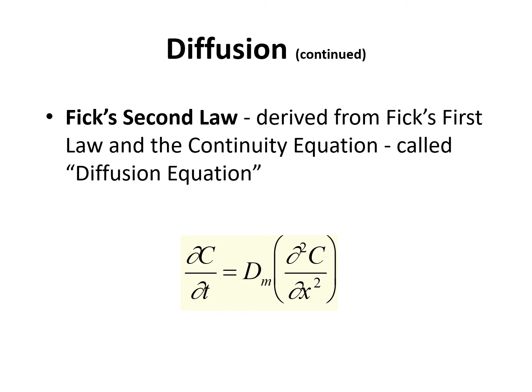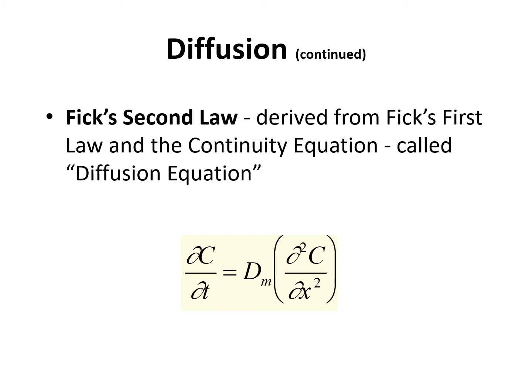Then we have another law, Fick's second law, derived from Fick's first law and the continuity equation, called the diffusion equation. So this is the partial derivative of C with respect to t. What we are doing here is finding the change in concentration with reference to time.